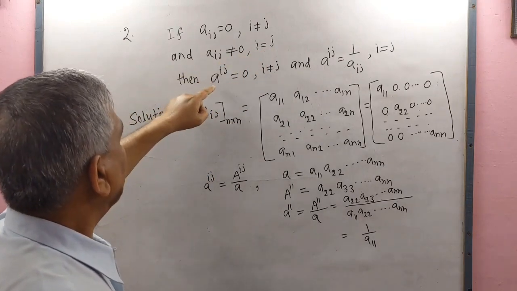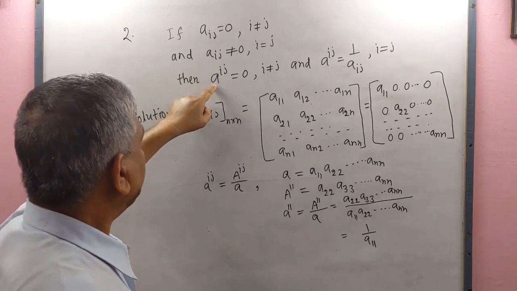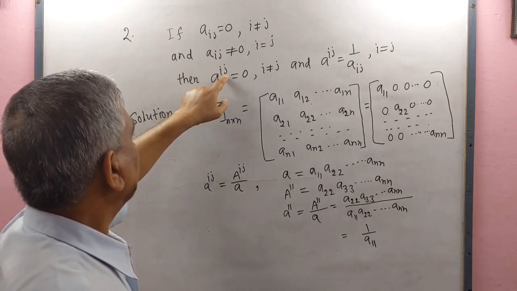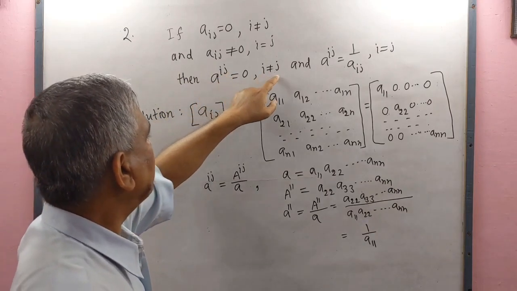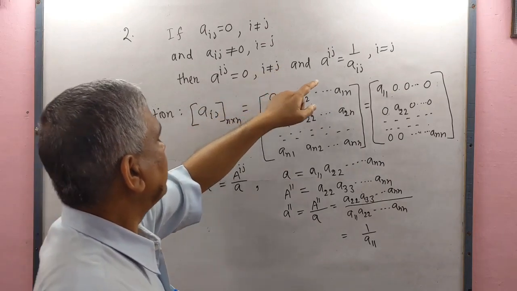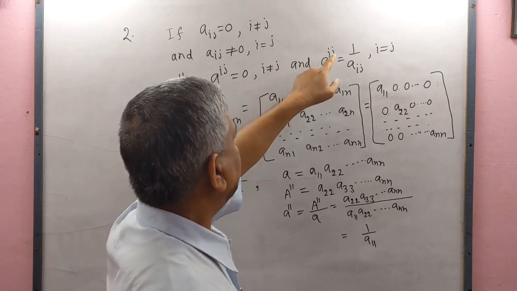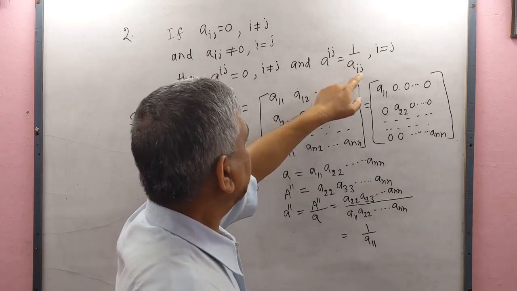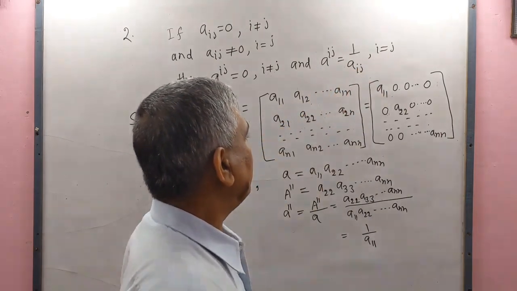Then the conjugate tensor A^ij equal to 0 for i not equal to j, and conjugate tensor A^ij equal to 1 by covariant tensor A_ij when i equal to j.